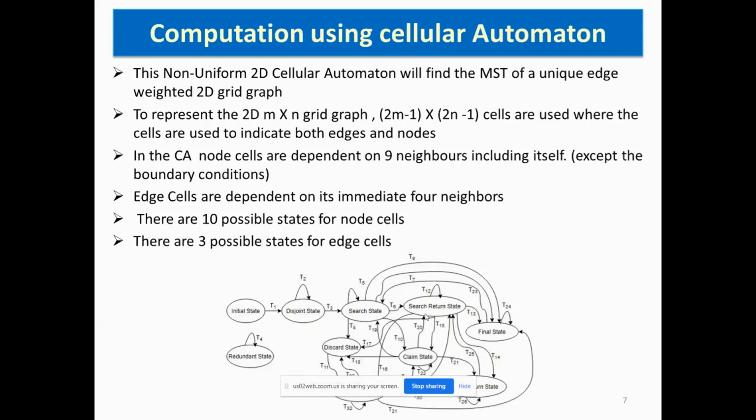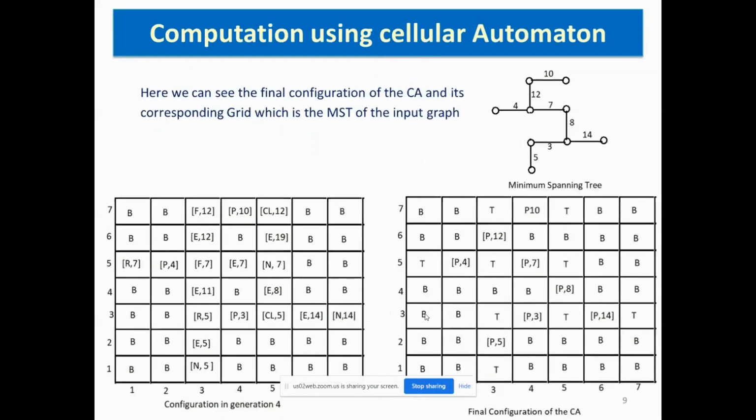Suppose we have a tree. It will be much easier to understand this way. If there is a P10 and F10, basically these two nodes are connected and part of a tree, already joined.